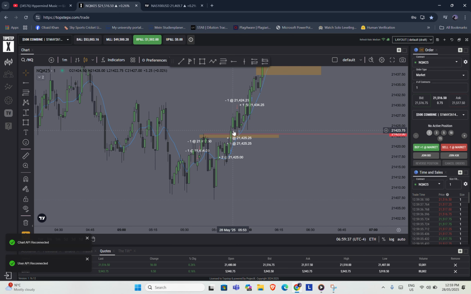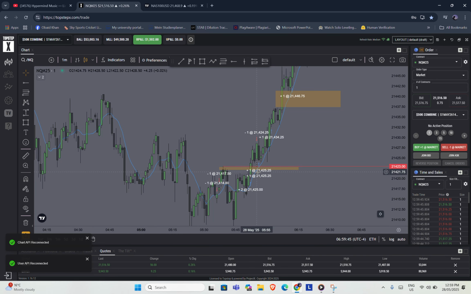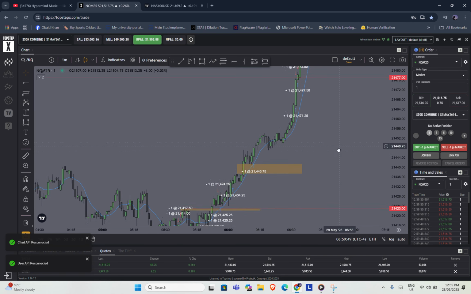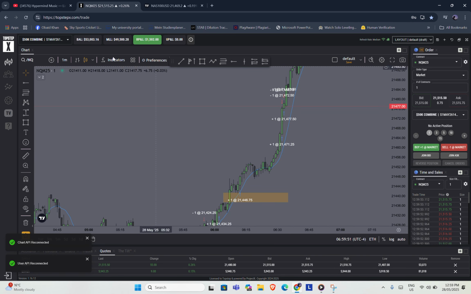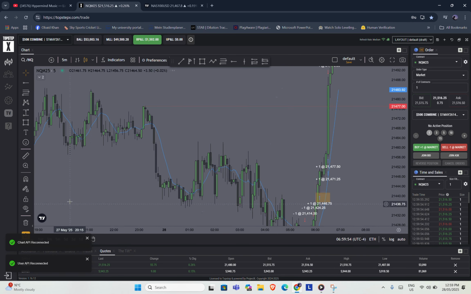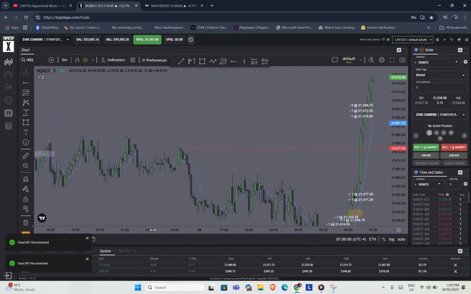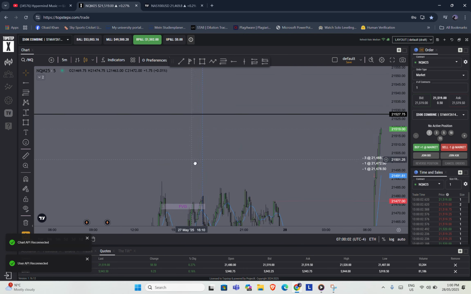But as you can see, it respected this area, so I just directly entered into the buy position, and I held that buy position up to this area, which was the previous day high. This is the previous day liquidity, so I held it till this specific liquidity pool.